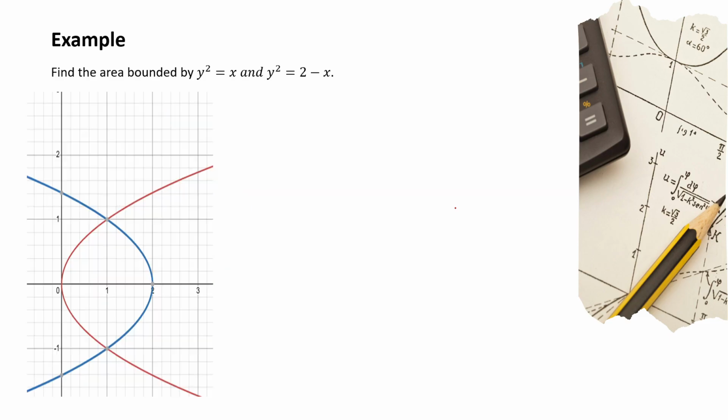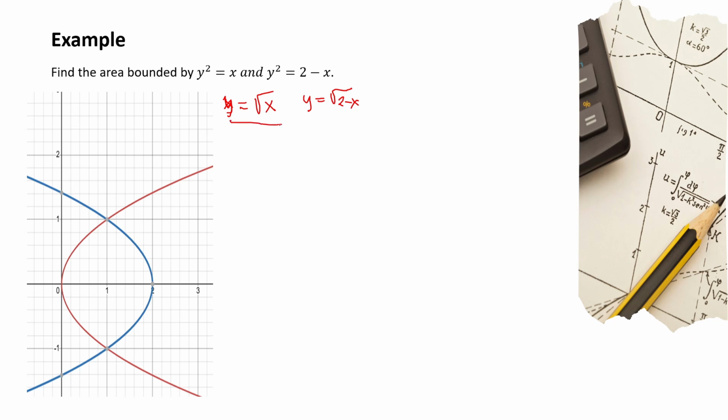So next we have an example. Find the area bounded by y squared equals x and y squared equals 2 minus x. We can transform this as y equals the square root of x and y equals the square root of 2 minus x.